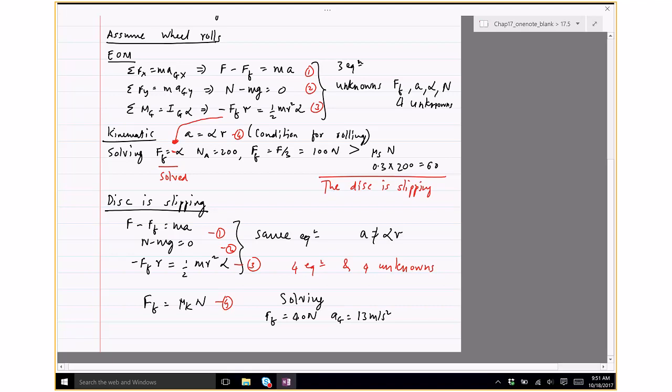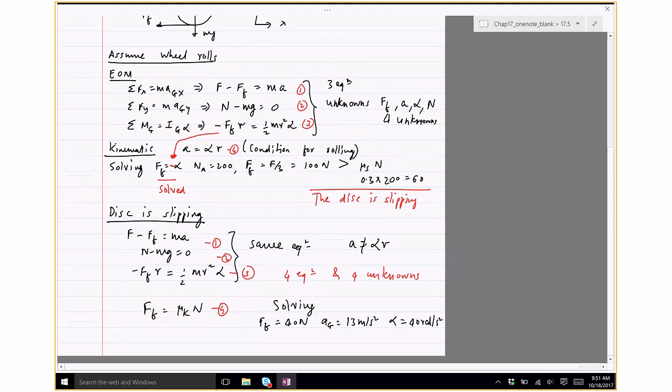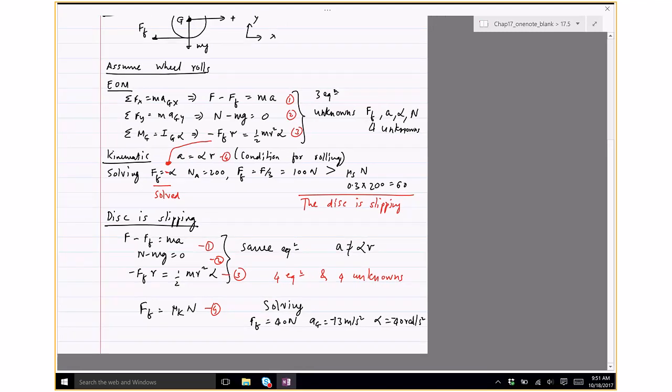Yeah, I think I did not solve for alpha, but you can solve for it. Alpha is 40 radians per second squared. Yeah, so this will be negative. My bad, this is 13, that's right, but alpha is going to be negative because it's clockwise.